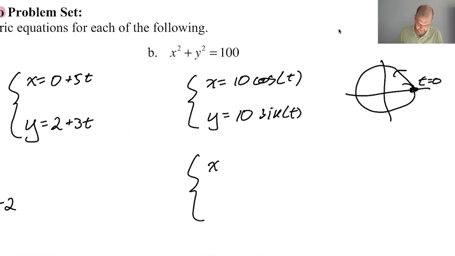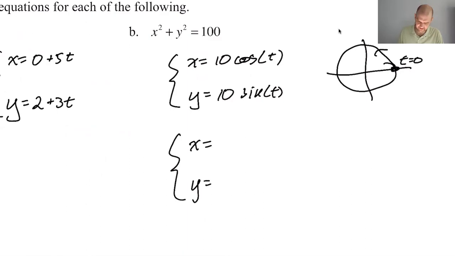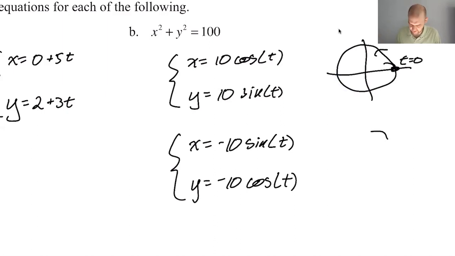I want to start here, and I'm going to go clockwise. So x needs to start in the middle and then decrease. So that's going to be negative sine. And then y needs to start at a minimum. So that's negative cosine. Good. Okay. Well, it's going to start here and go that way.